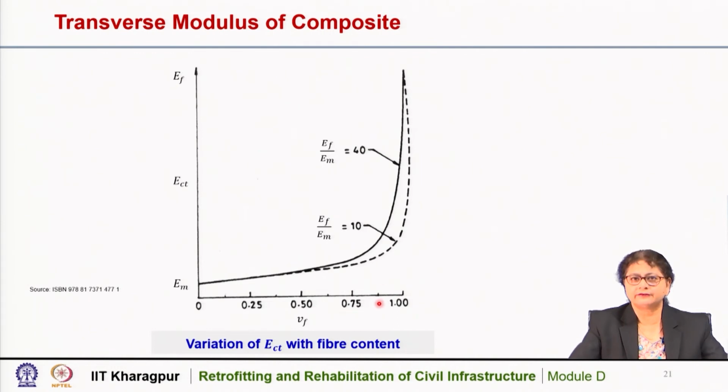With higher Vf values, higher is the Ect value of the composite. So, the volume fraction of fiber influences significantly the transverse modulus of the composite as well.